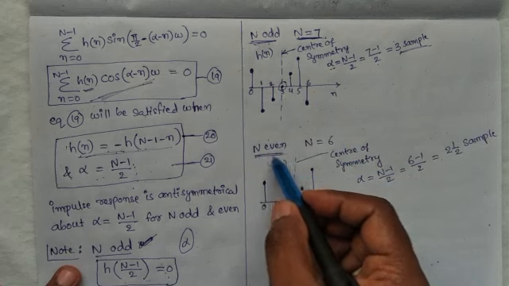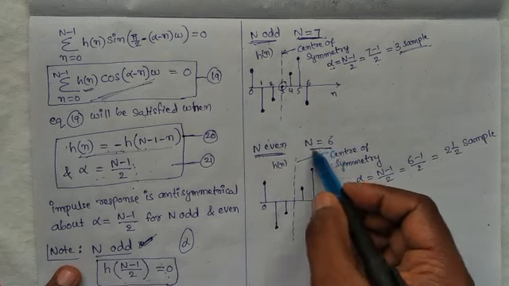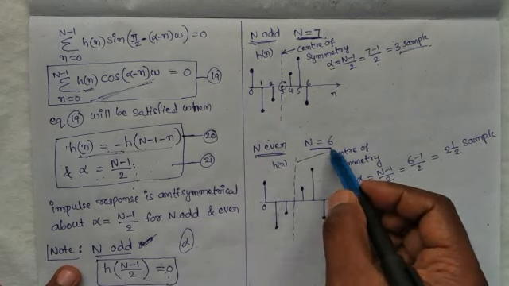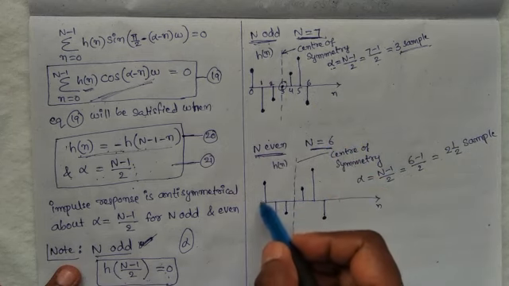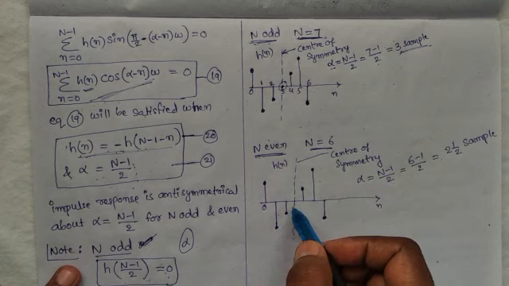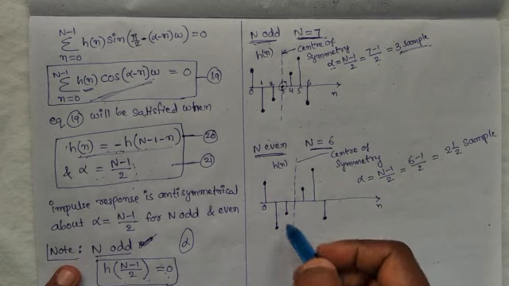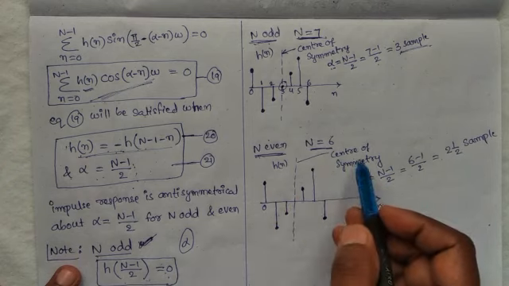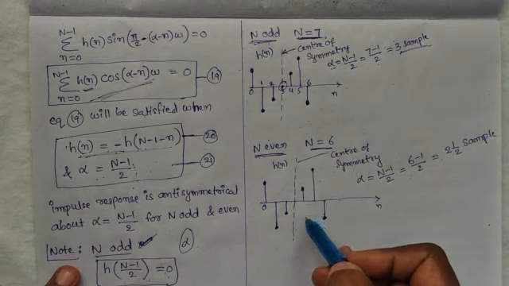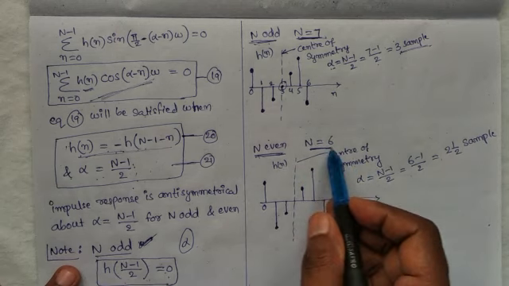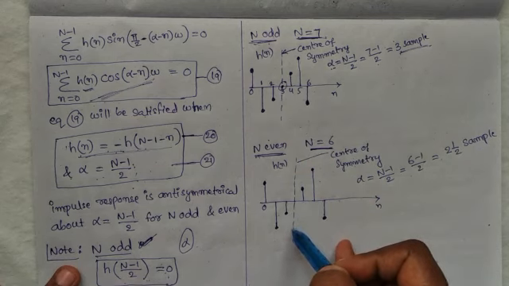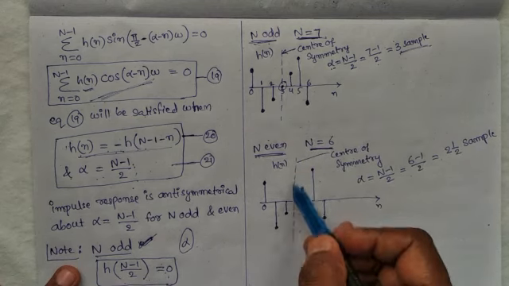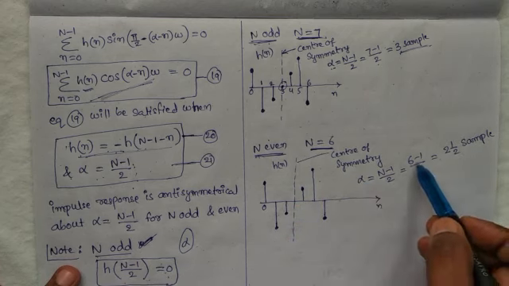Similarly, for capital N even, let us consider capital N is equal to 6. Here 6 is an even number. This is our given impulse response. This impulse response is anti-symmetrical about alpha. What is the center of the symmetry for this case? For capital N equal to 6, the center of the symmetry occurs at 2.5 samples, that is 6 minus 1 by 2.